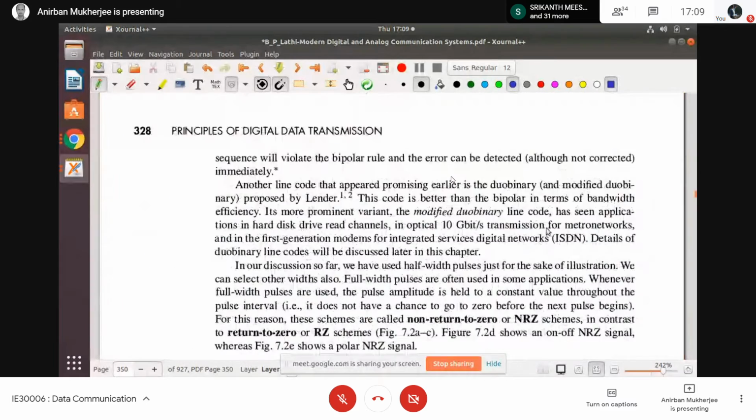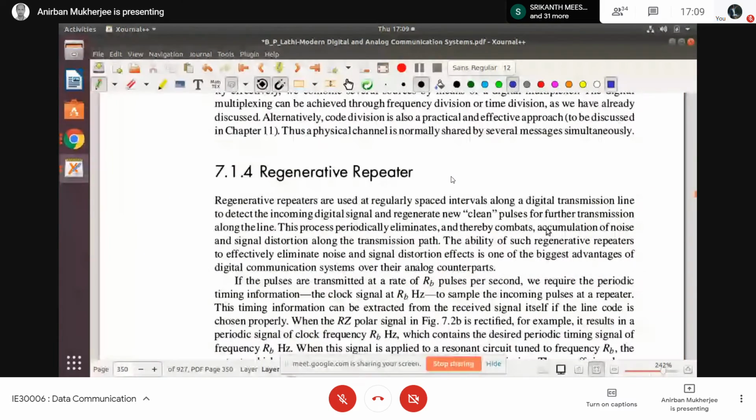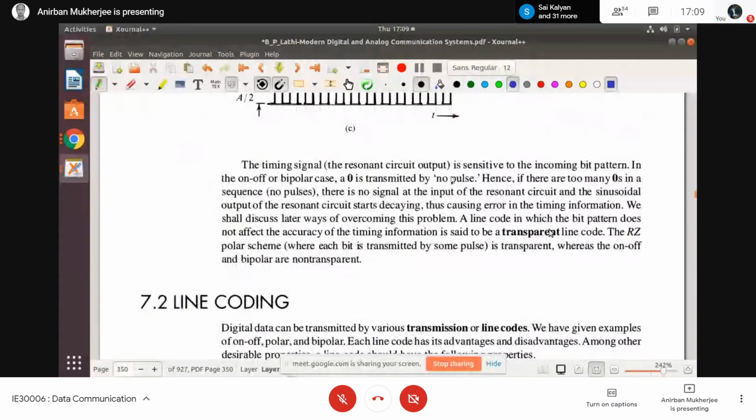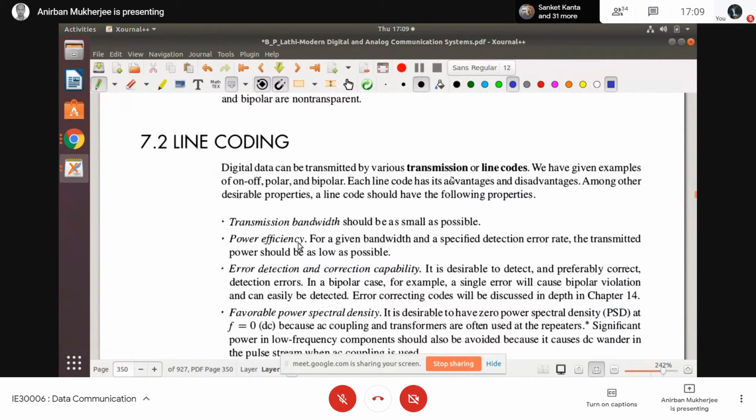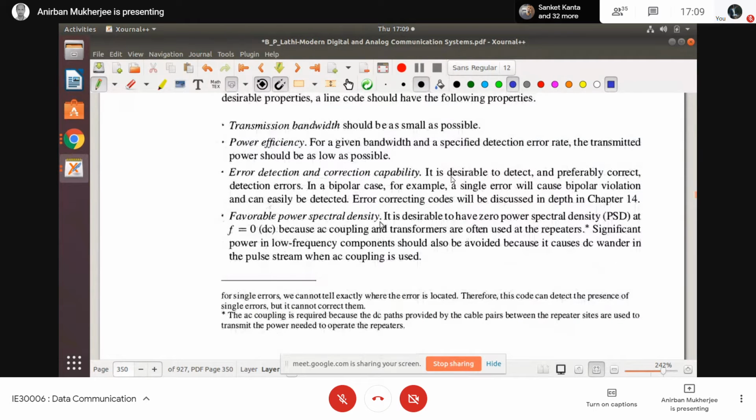Here we'll discuss line coding, and for line coding, which line code you will use. Each line code has its own advantages and disadvantages that we already discussed: transmission bandwidth, power efficiency, error detection, and favorable power spectral density. Favorable power spectral density means I don't want zero power spectral density at f equal to 0 because of AC coupling and transformers.